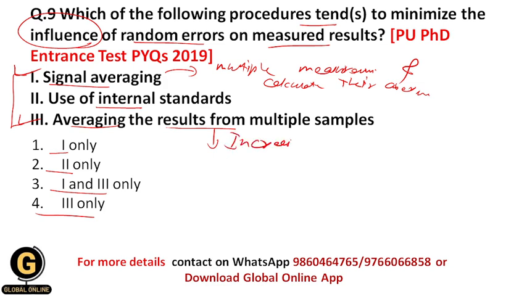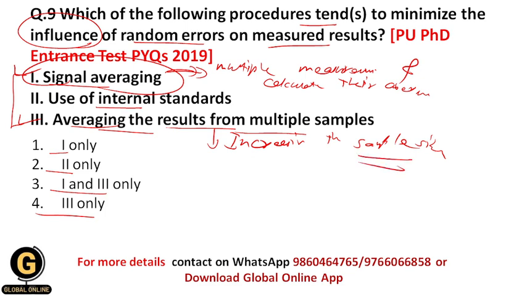So if you see, in averaging the results from multiple samples we are doing a similar procedure to signal averaging, but within signal averaging we do different steps, and in this method we do different steps. And here the main criterion is that we increase the sample size. Because of increasing the sample size, we can minimize the effect of random errors on measured results.